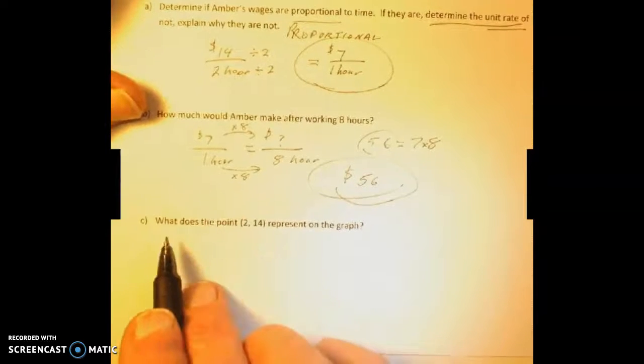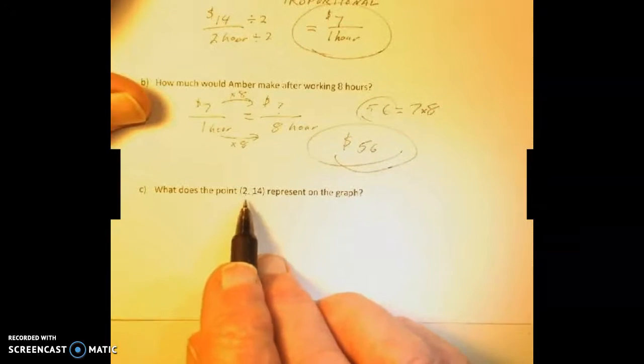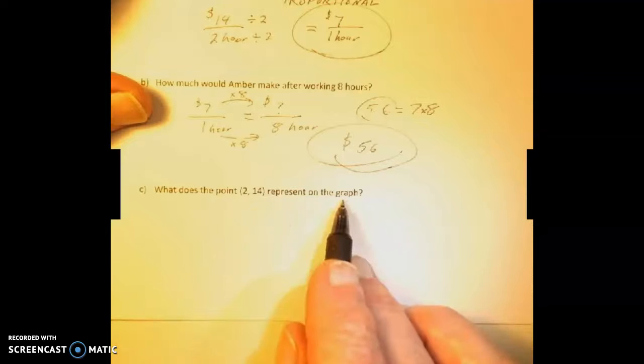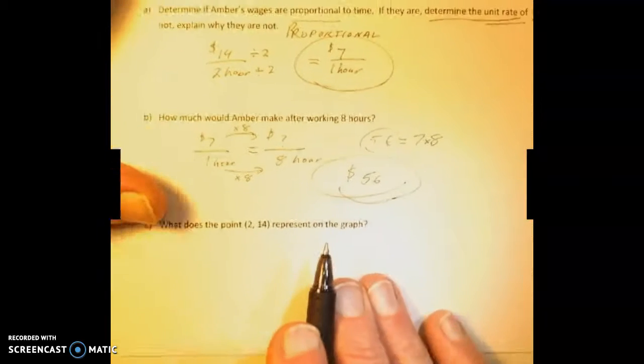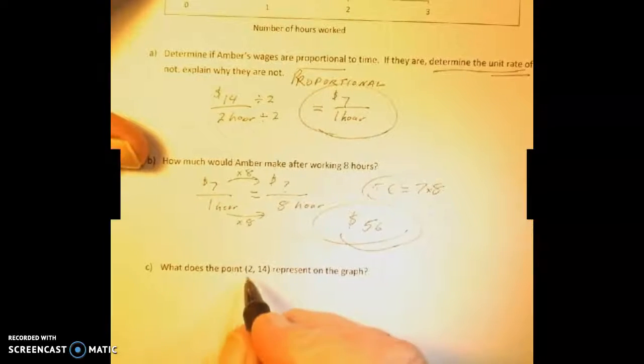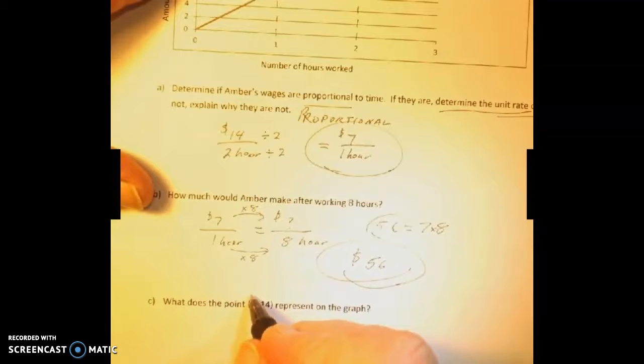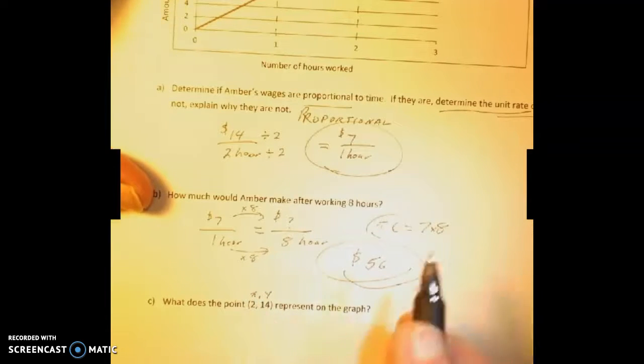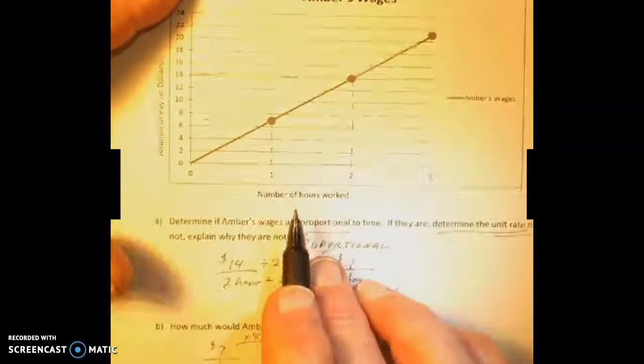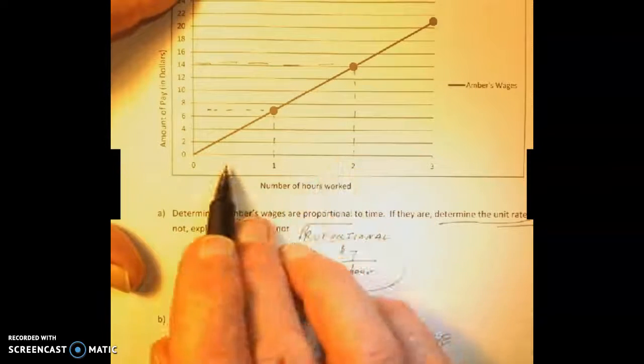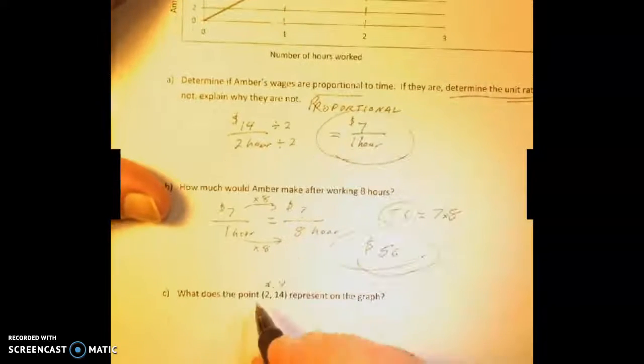And question C, what does the point (2, 14) represent in the graph? Important thing here, labels. Remember, this is the x-coordinate, this is the y-coordinate. Your x-axis in your graph is the number of hours worked.